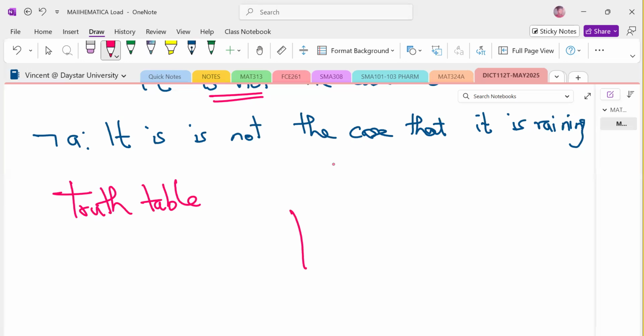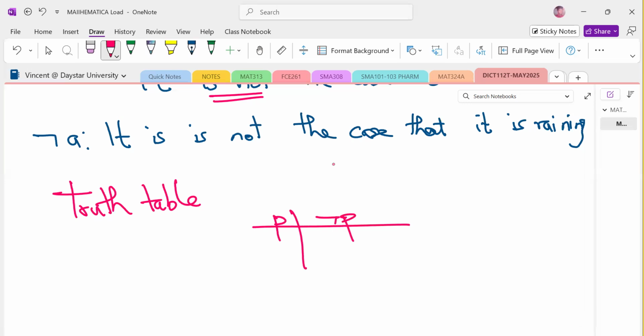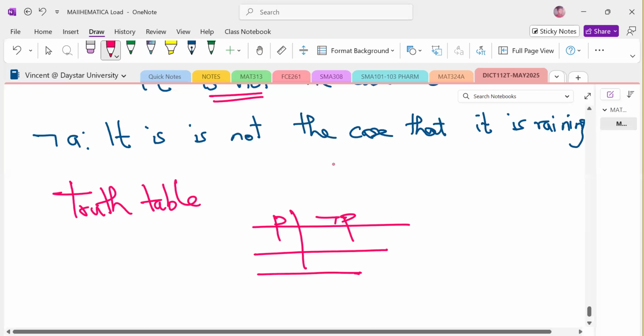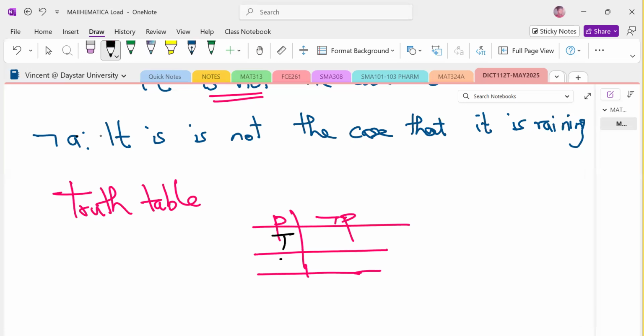So therefore now, the truth table: we'll have P, and we'll have the column for not P. And because we are using the same letter, P, the number of rows will just be 2. So a statement can either be true or a statement can be false.